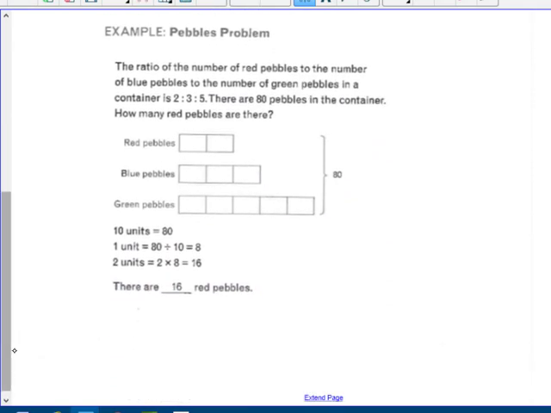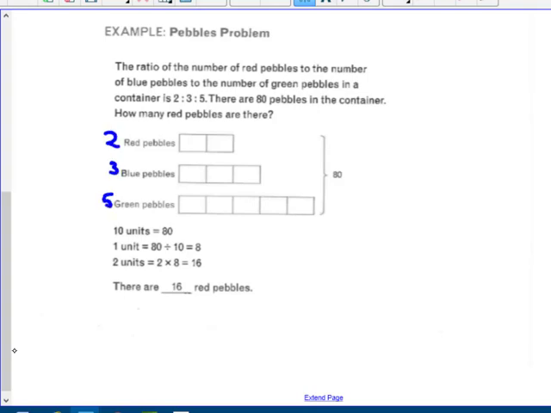The ratio of the number of red pebbles to the number of blue pebbles to the number of green pebbles in a container is given. So ratio, order counts. So red is the 2, as you can see here. Blue is 3, and green is 5. So they are in the ratio of 2 to 3 to 5.